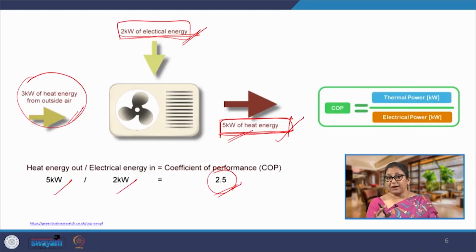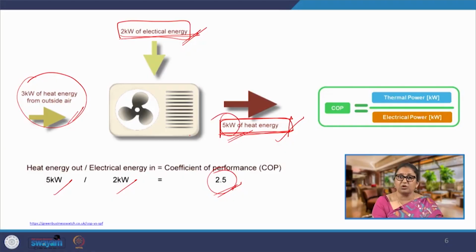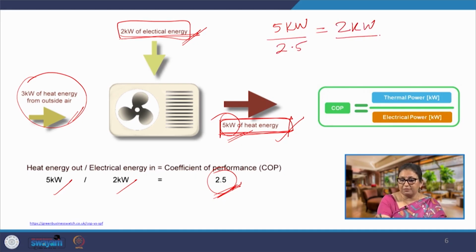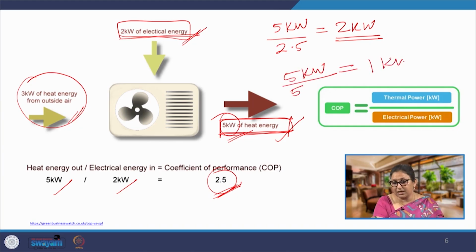Say I have to remove 5 kilowatt of heat with an air conditioner of COP 2.5, I know that I will have an electrical energy consumption of 2 kilowatts. Compare it with another system which has a COP of 5. What will I get? I will get a reduction in my electrical energy consumption, which will be 1 kilowatt.